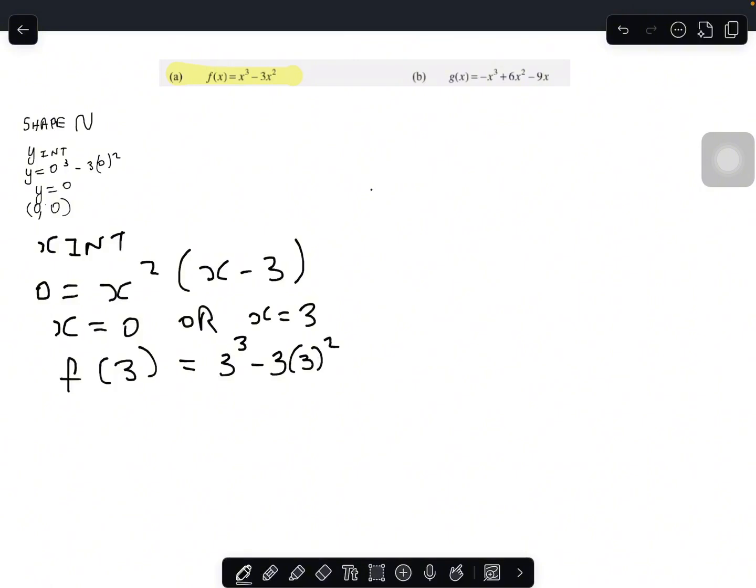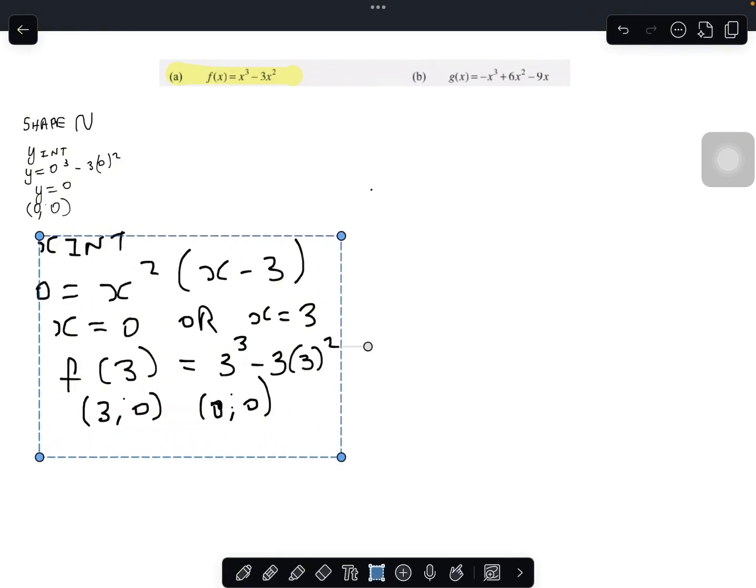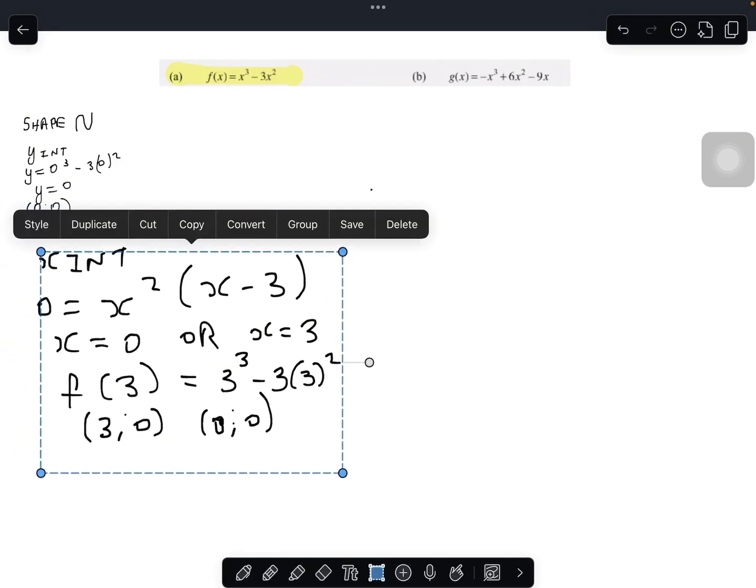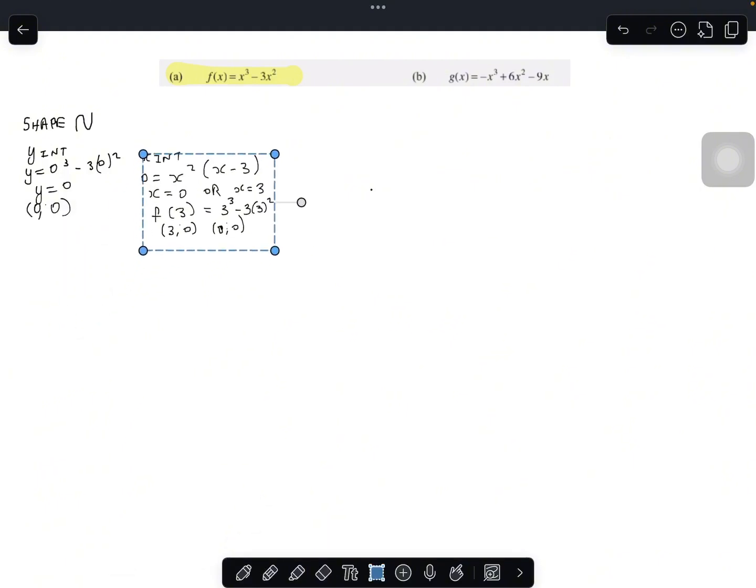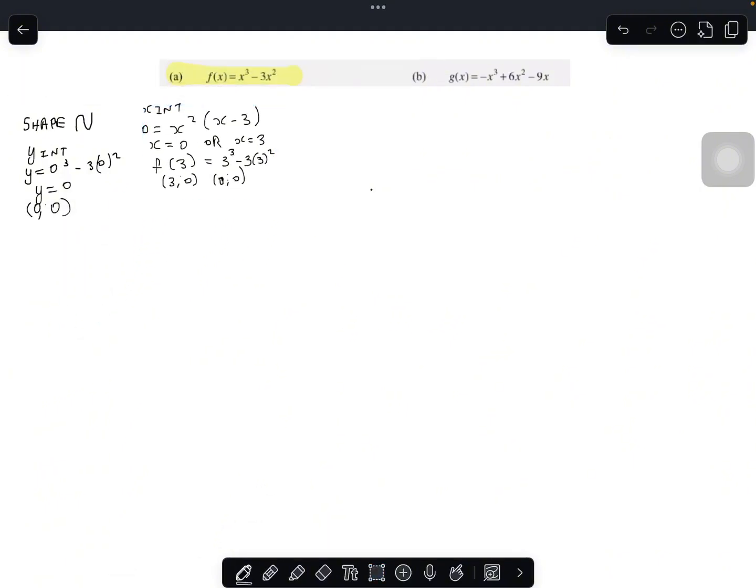So we will have now (3, 0). So our x-intercepts are (3, 0) and (0, 0). You'll see no matter what value you get here for your x-intercept, it will give a y value of 0 because that is your x-intercept. But you can go and try it. So now we have our x-intercept.